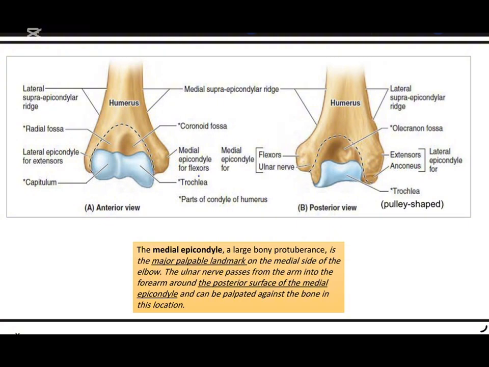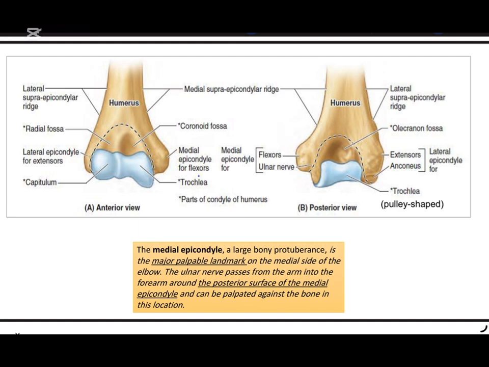And I have another process here, we call it the capitulum. They saw it looks like a small head, so they called it capitulum. So I have medially the trochlea and laterally the capitulum. Both articulate with the bones of the forearm. The trochlea articulates with the ulna, while the capitulum articulates with the radius.